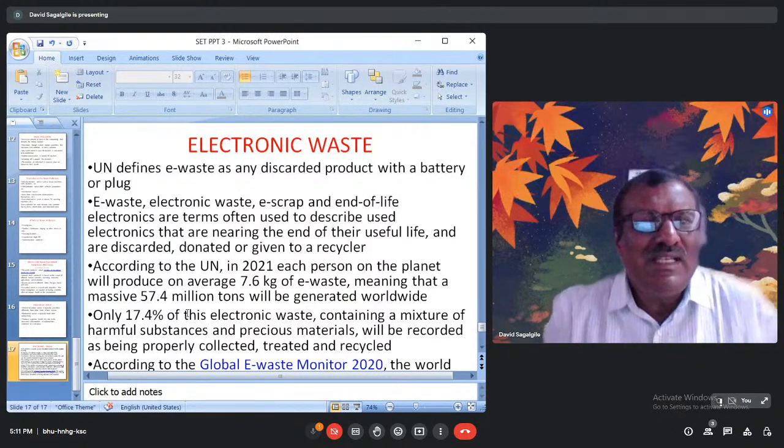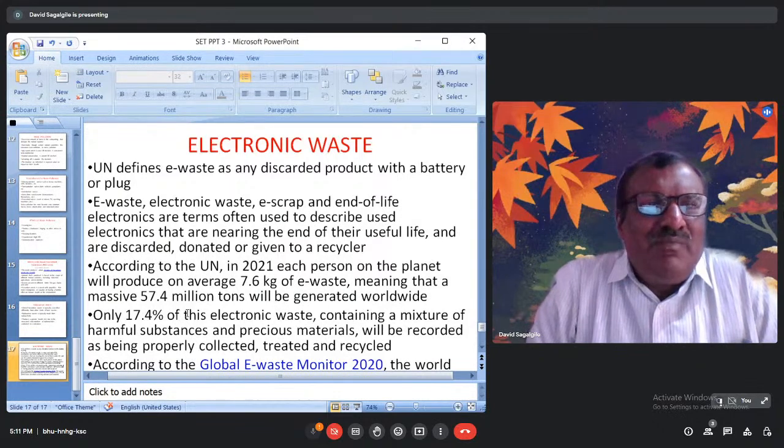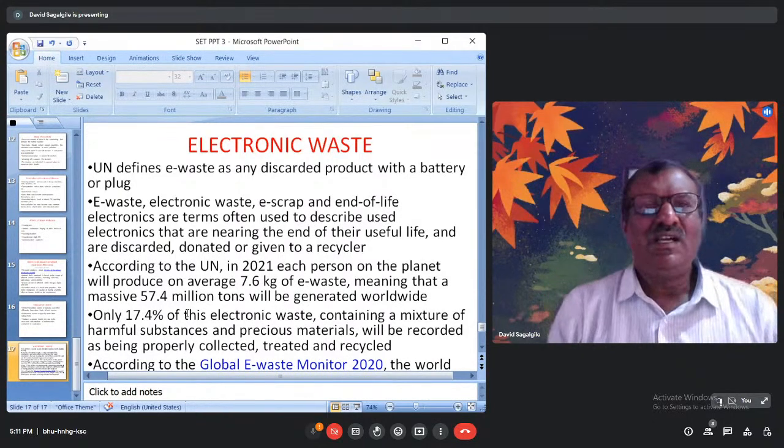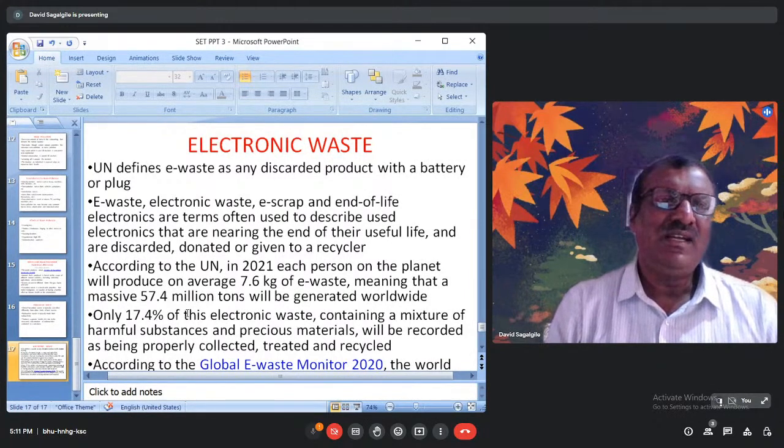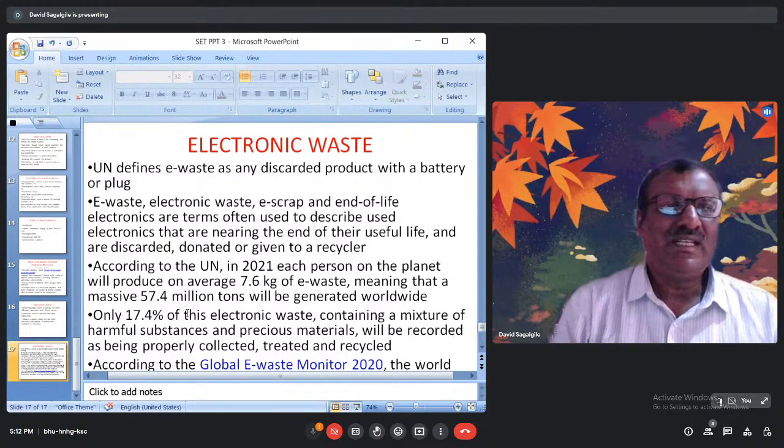The United Nations defines e-waste as any discarded product with a battery or plug. Any discarded product which you are not using, which has a battery or a plug, is defined as electronic waste by the United Nations.